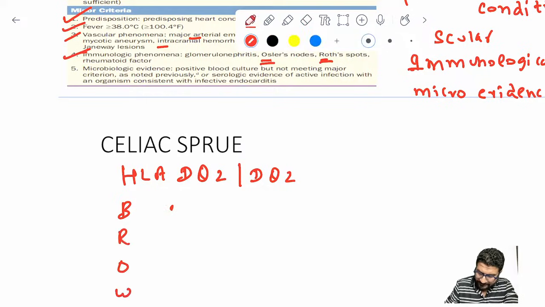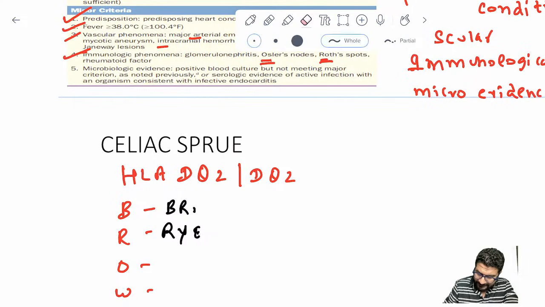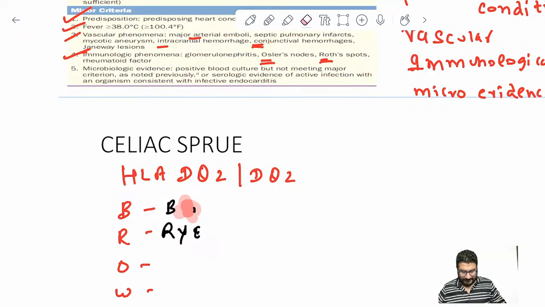These are called gluten containing cereals. तो जो आपको याद रखना है, R is rye. R is not rice. So barley, rye, oat, wheat.